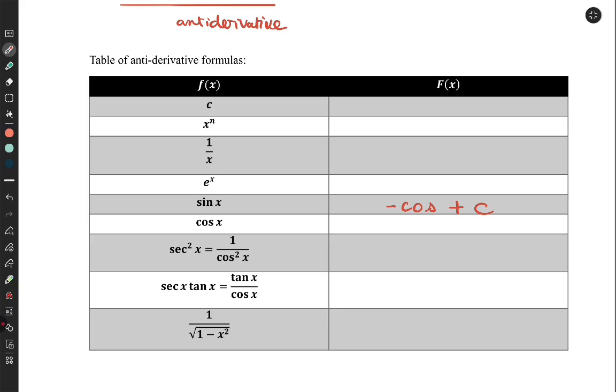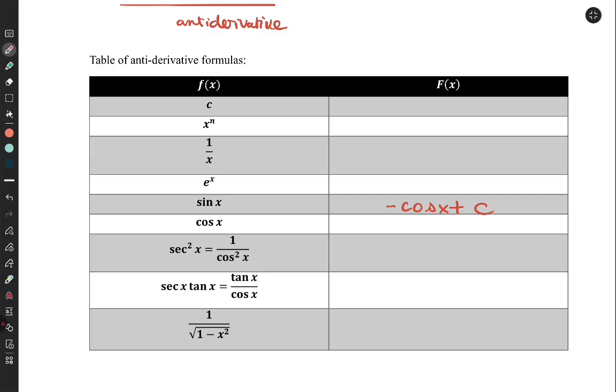Oh, missing the x. Okay. Try that. Which one is the easiest one?